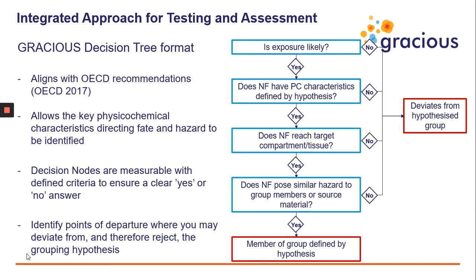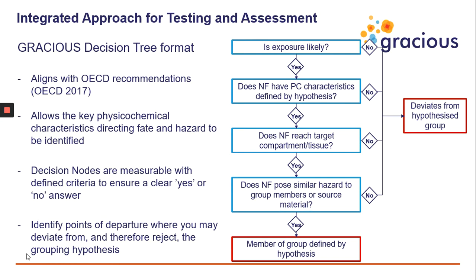Within GRACIOUS, our IATA are presented in decision tree format, which aligns with the OECD recommendations. This visualization shows a pathway from exposure to the target, along with the potential points of departure where your nanoform may deviate from it, and therefore you may reject the hypothesis.